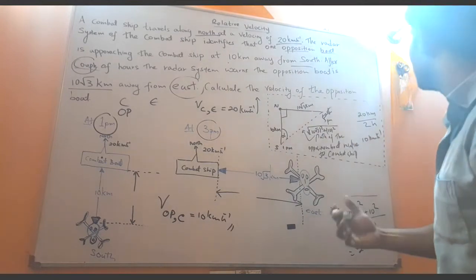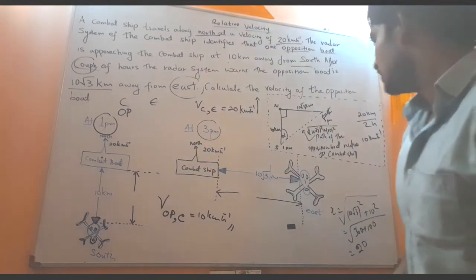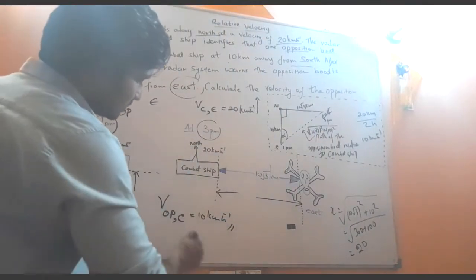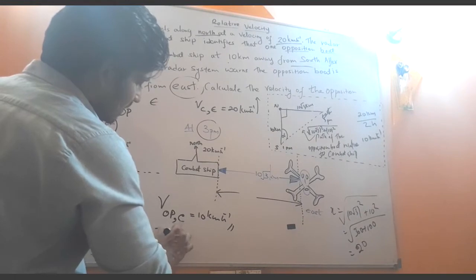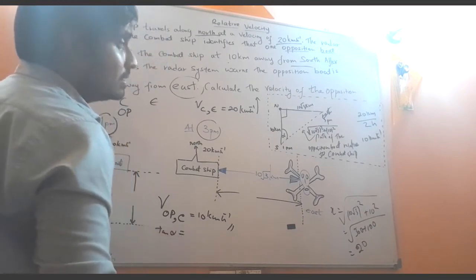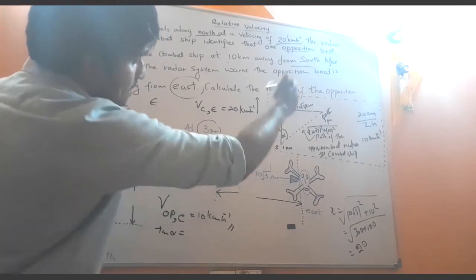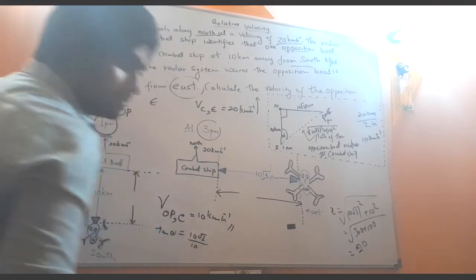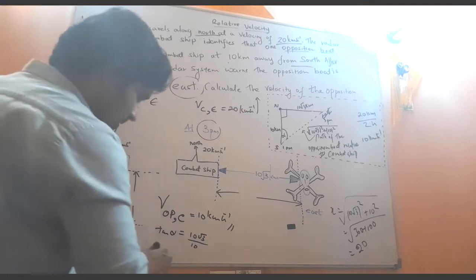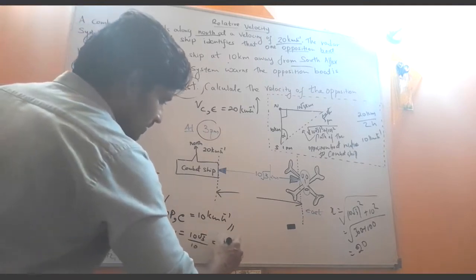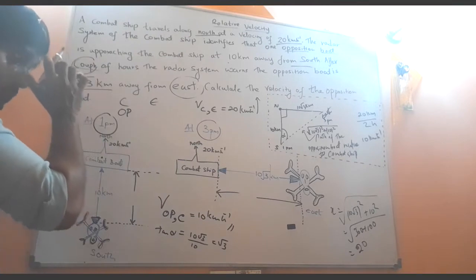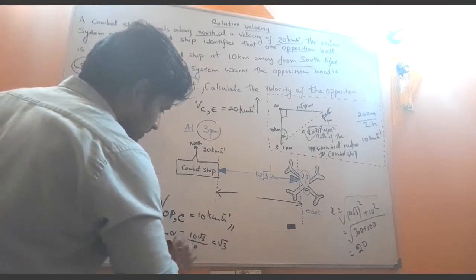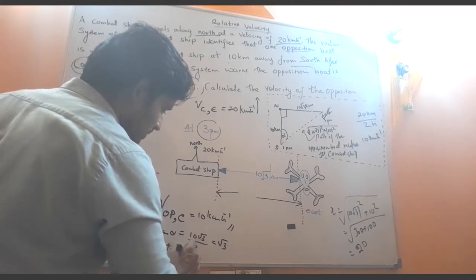So then what will be our angle alpha? If this is the angle alpha, then you can form another relationship. So let me write that here. tan alpha equals 10 root 3 divided by 10. So then what is tan alpha? Root 3. So then alpha is tan inverse root 3.